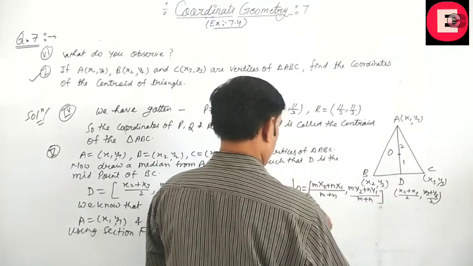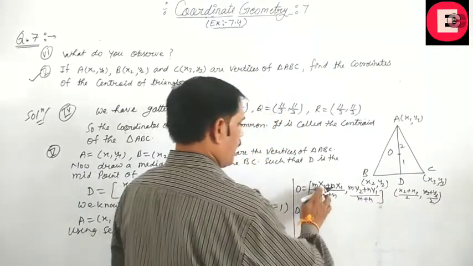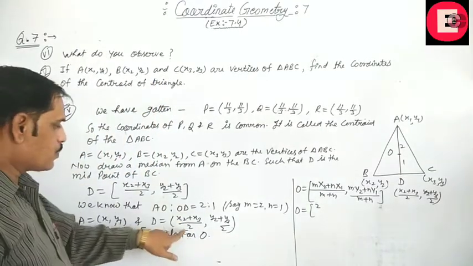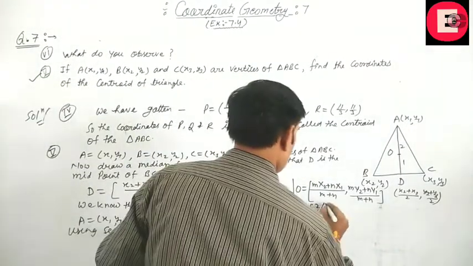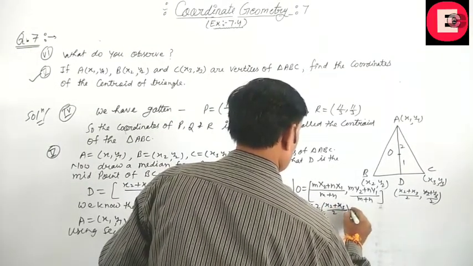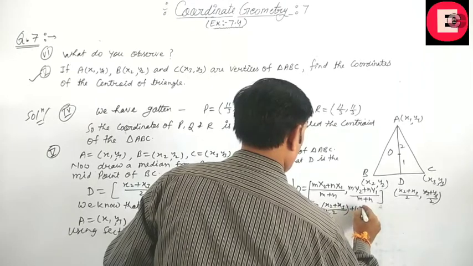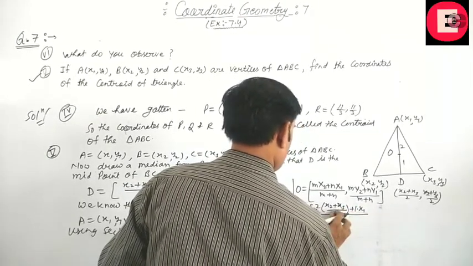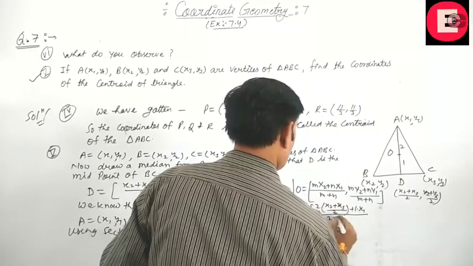Putting the value of m, which is equal to 2, and x2 as x2 plus x3 upon 2, plus 1 into x1, upon 2 plus 1.